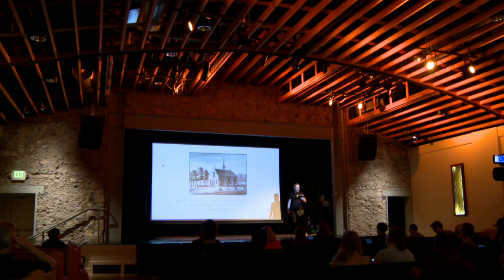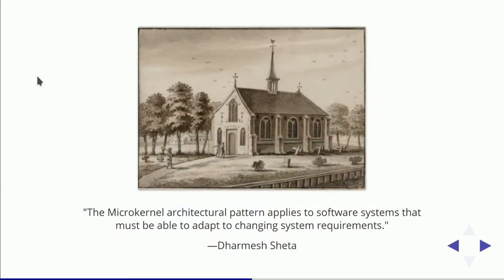The microkernel architecture, also called plug-in pattern, aims to correct the flaws of the layered architecture. This architectural pattern applies to software systems that must be able to adapt to changing system requirements. The kernel in the name refers to a hub-like core that can be extended by plugins or adapters. While this may not be a common pattern in real-world architecture, it's one of the oldest.